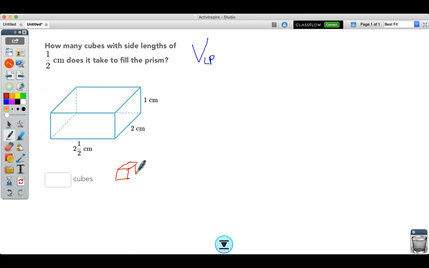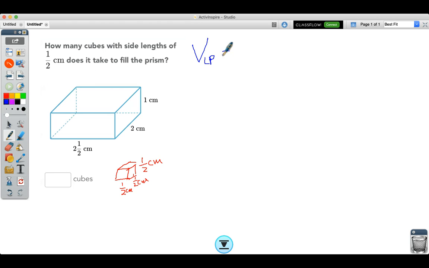So this prism is 1/2 centimeter by 1/2 centimeter by 1/2 centimeter. Okay. So how do you find volume?